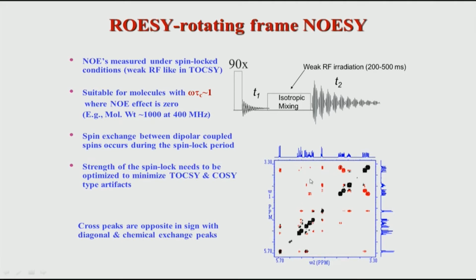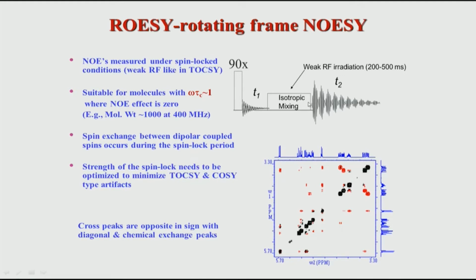But then the question you may ask is, why do we not do ROESY every time? Why do we ever have to do NOESY? The reason is because of this factor here. If you see this diagram, the magnetization is in the x or y axis, and it remains in x or y for a long duration, up to 500 milliseconds, and then you detect.